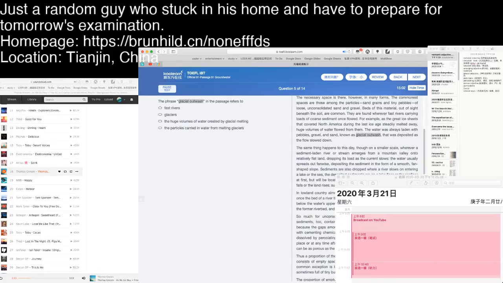The water was always laden with pebbles, gravel, and sand known as glacial outwash. I'm actually having trouble comprehending what glacial outwash, which is known as, refers to. Is it referring to the whole thing, or the pebbles, gravel, and sand, or the water that carries those things?